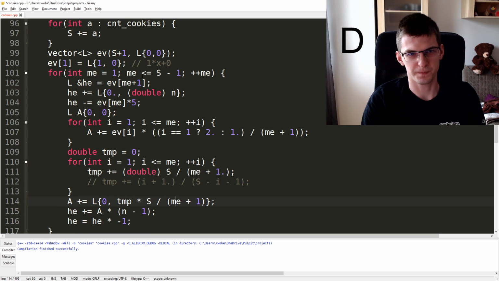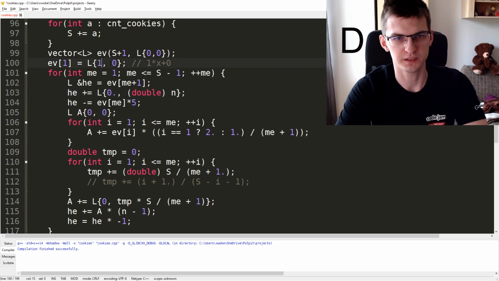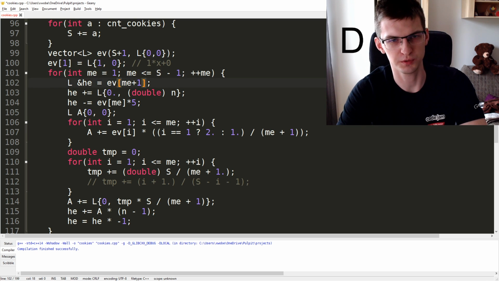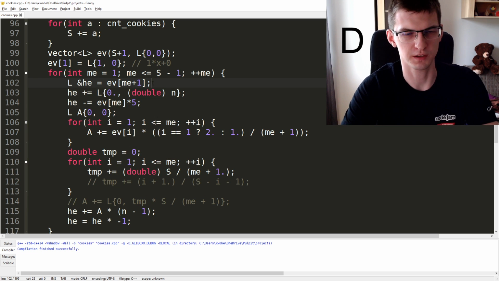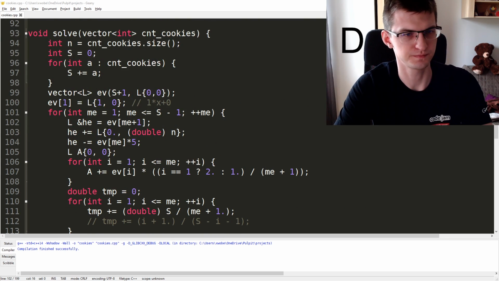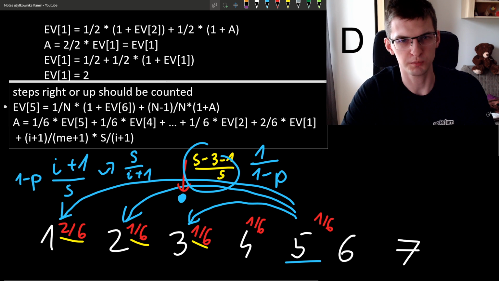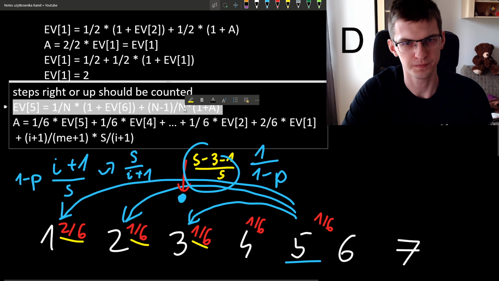Let's verify if what happens here is indeed the same. EV of 1 is just, I denote it as x. Then for me equal to 1, I will compute it in terms of EV of 1 and EV of 0. I'm computing EV of me plus 1. And I had here, I moved this to the right. And I multiplied both sides by n, right?